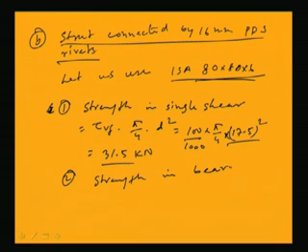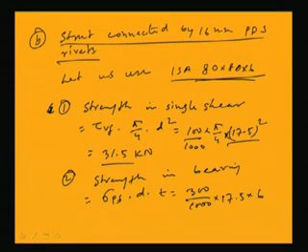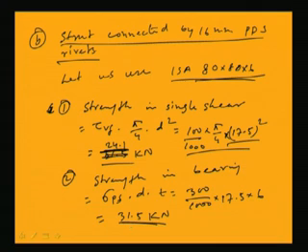Next, the second case is strength in bearing, that will be sigma Pf into d into t. So, 300 into d into t, 6 mm. If we calculate this value, sorry, this will become 24.1 kilonewton, and here we get strength in shear as 31.5 kilonewton.